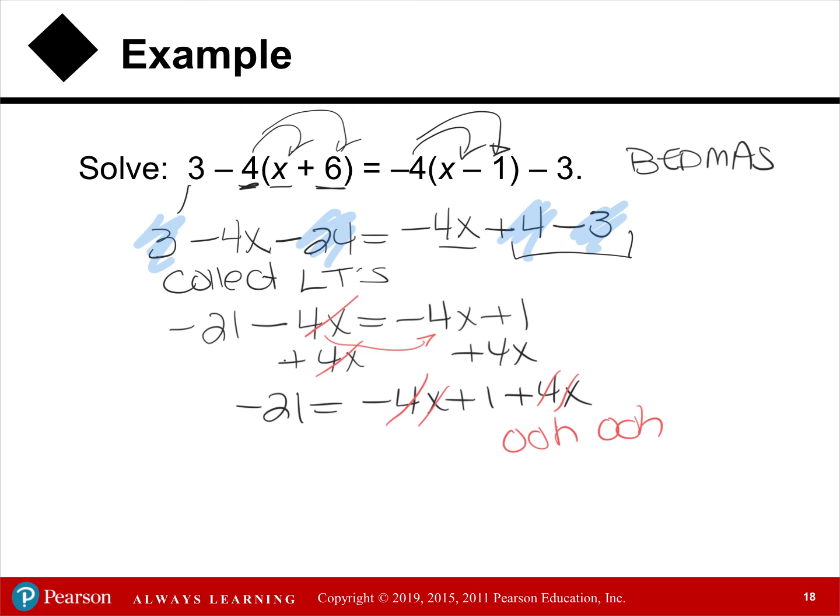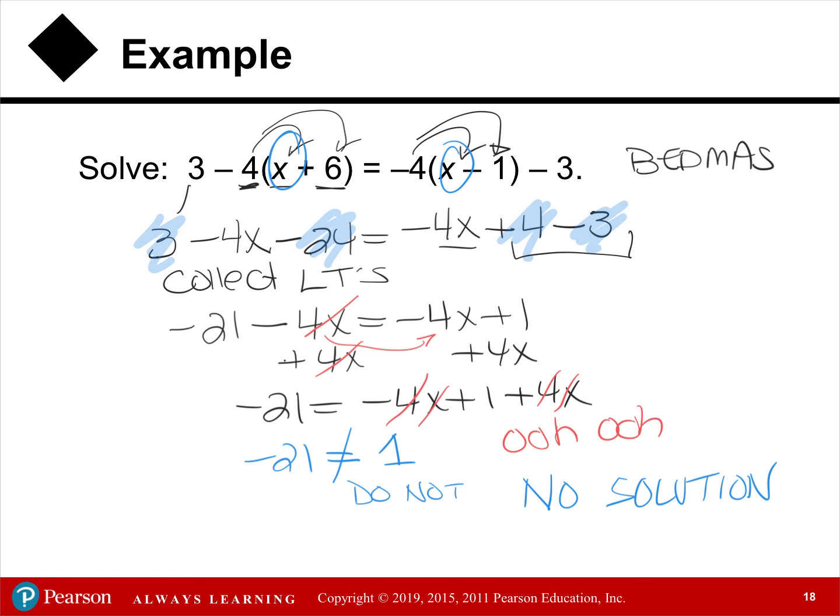This time, notice that I get negative 21 on this side and 1 on this side. These do not equal each other, right? When we get numbers not equal to each other, there is actually no solution. So there's no number that we can put into x's place up here that will make this true. So there's no solution.